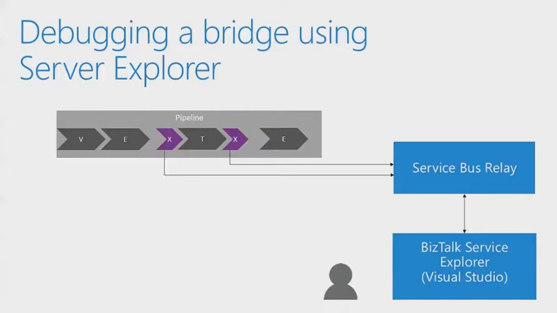No, so this one is we spin up that relay on the fly. So as long as you are debugging, we just spin up during that period. The moment you stop debugging, that goes away.